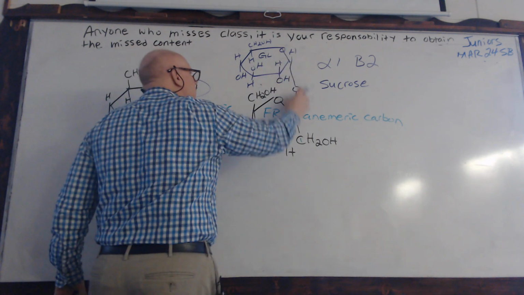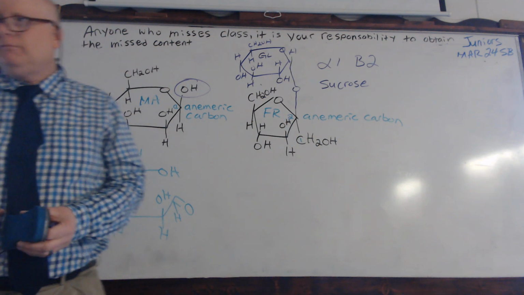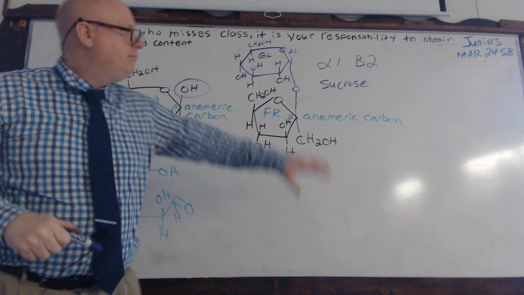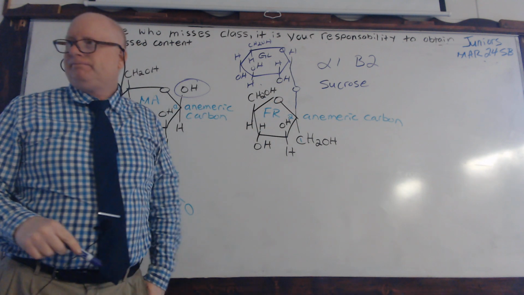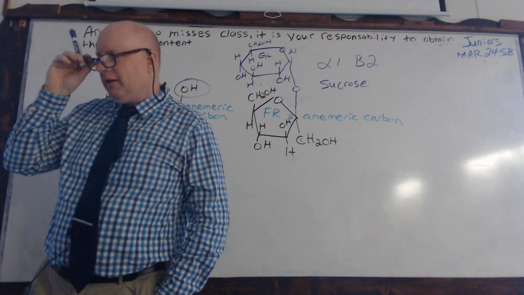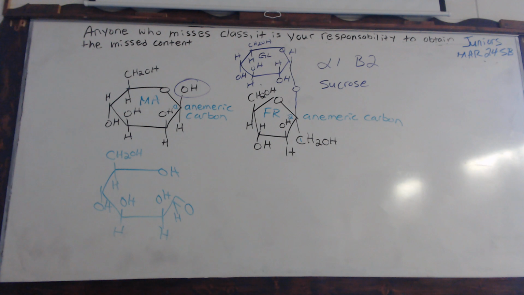It doesn't have an OH on these anomeric carbons. So sucrose, non-reducing sugar because of that concept right there. Okay. Hopefully we can make some sense out of that and say it's all old material.